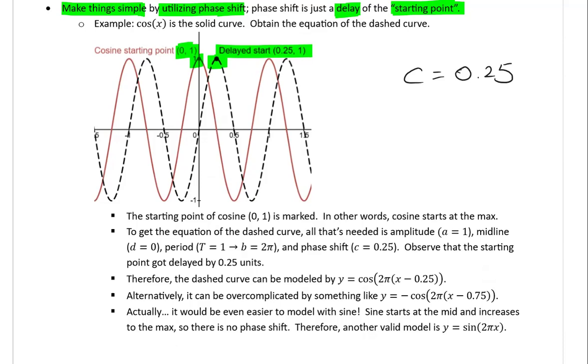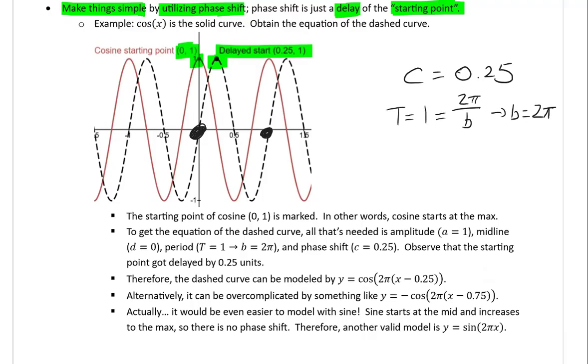So from like this point over here to this point over here, that's the start of the next cycle, right? That would be a value of 1. So period is 1, which is 2 pi over absolute value b. I'm just going to write b. So b is just 2 pi.